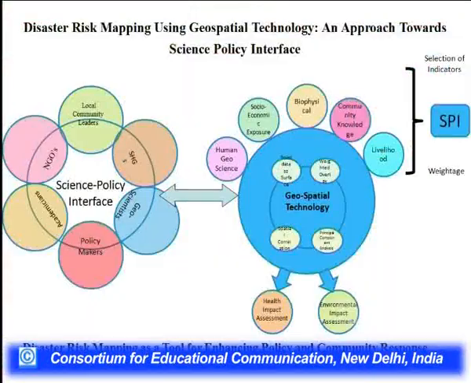Finally, I would like to put before you disaster risk mapping using geospatial technology and an approach towards the science-policy interface. Here you can see the human geoscience approach, socioeconomic exposure, biophysical, community knowledge, livelihood, and all can be examined through health impact assessment and environmental impact assessment.